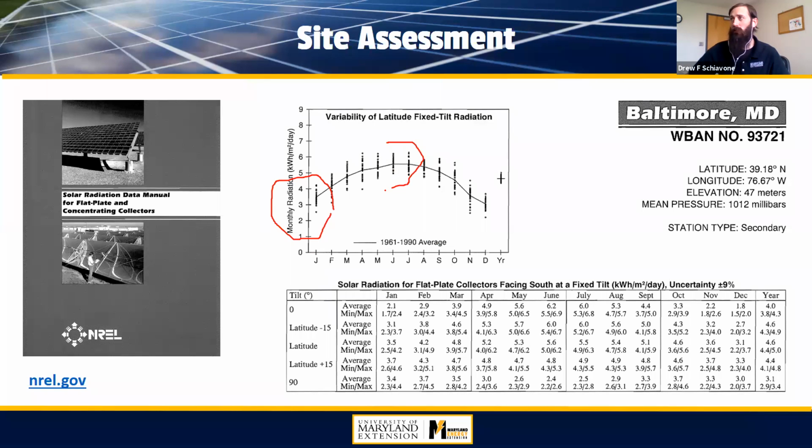But if you're looking at June and July in the summer, you're going to have a higher level. That's some of the importance of looking over the entire annual time frame to get an idea of that variation and incorporate it. If you look at the data tables in this data manual, you'll see a number of values given for solar radiation.